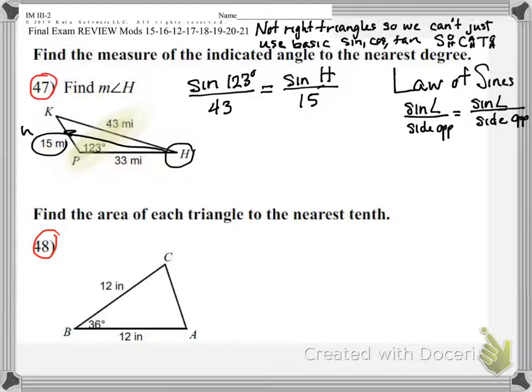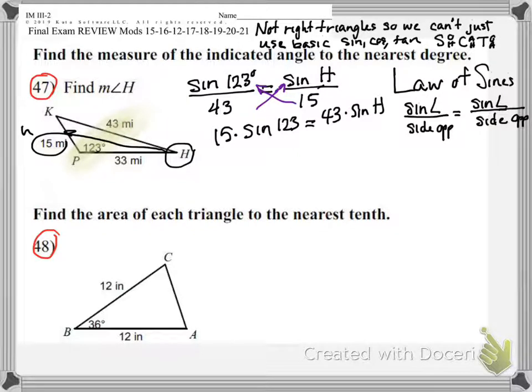And whenever I see a fraction equal to a fraction and there's a letter mixed in there somewhere, my first thought is, let's get rid of the fraction. And the way I make it stop being a fraction is by cross multiplying. That means the 15 times the sine 123 equals the 43 times the sine of h.